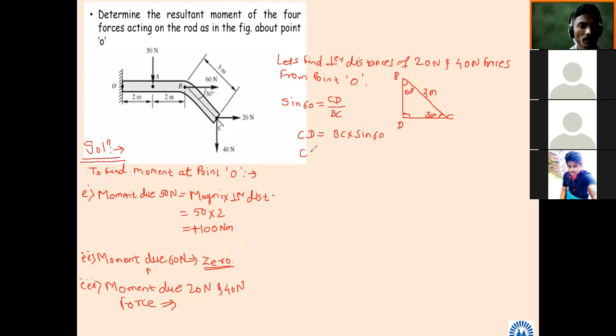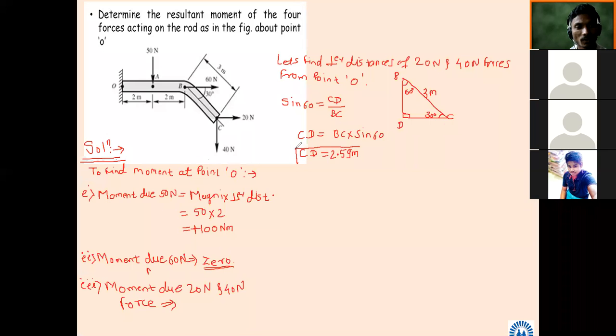How much is it coming? 2.59. Someone else should tell again. 2.59. The unit will be what we have calculated.